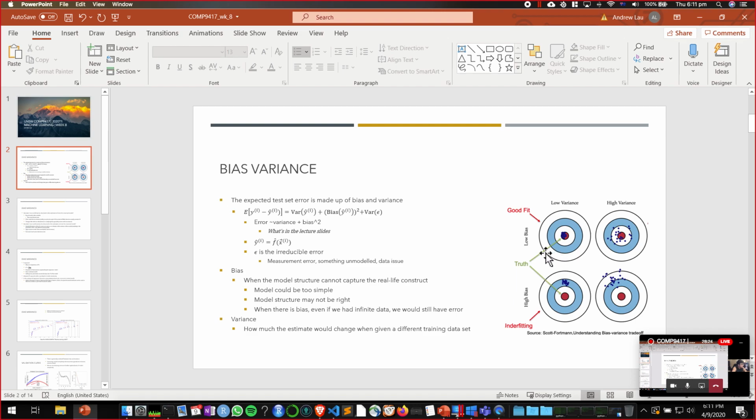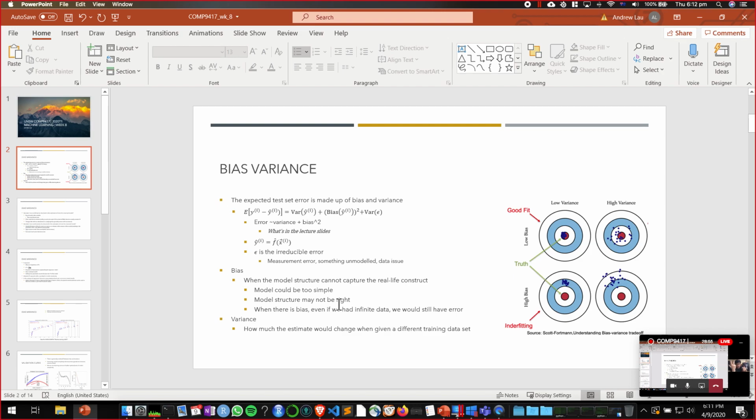So bias is an inherent difference between your estimator and the true value, and it could come from a variety of reasons, right? It could be that the model is too simple. An example could be a linear regression where you've only got a straight line and an intercept.